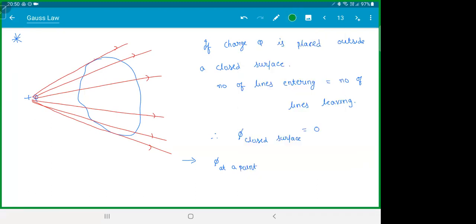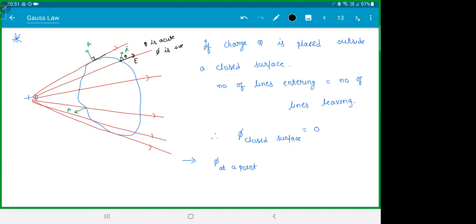At this point, this is the area vector. At this point, this is the area vector. And if you look at the field vector, here it is like this. So this angle is acute, so the flux is positive, E dot dA.